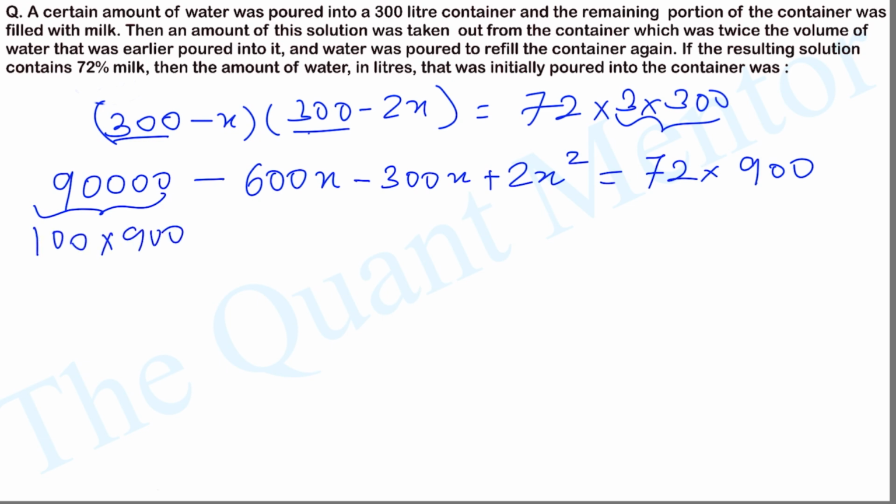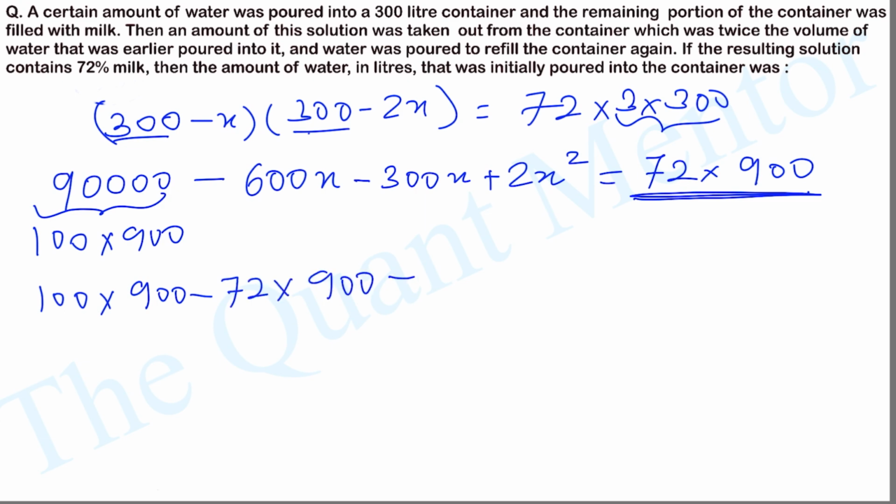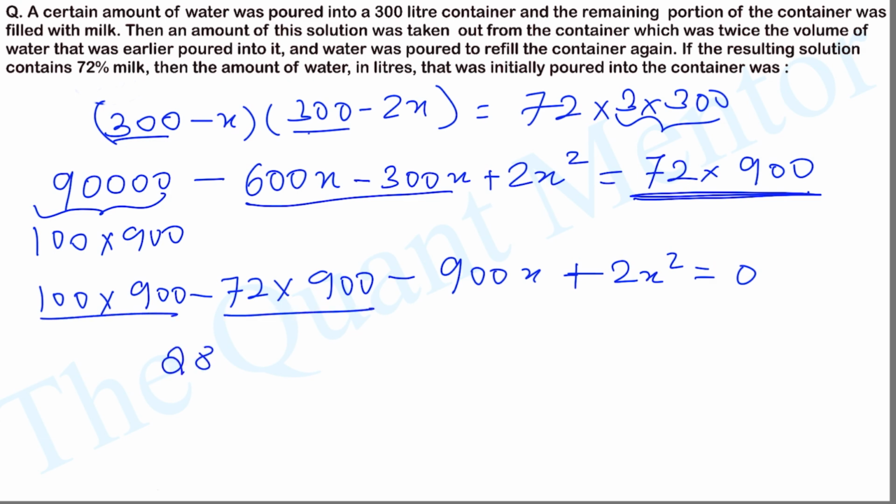So if I bring this term 72 into 900 on the left hand side, it will be 100 into 900 minus 72 into 900, minus 600x and 300x is 900x, plus 2x square is equal to 0. Now 100 into 900 minus 72 into 900 is actually 28 into 900, right? Minus 900x plus 2x square is equal to 0.